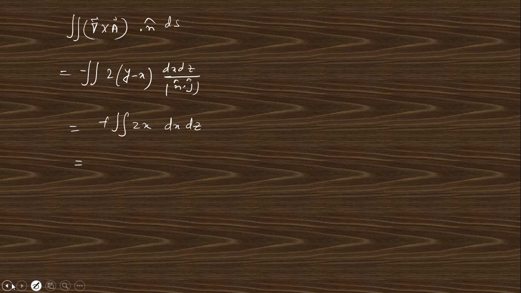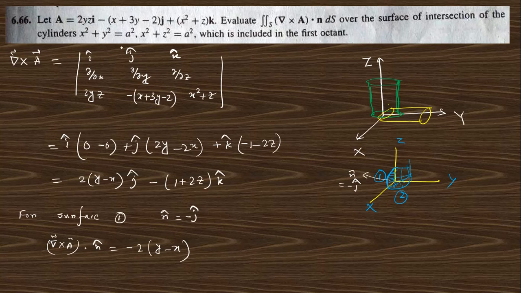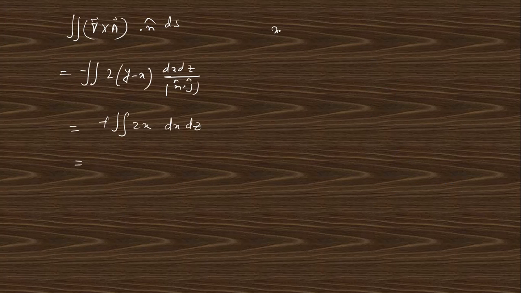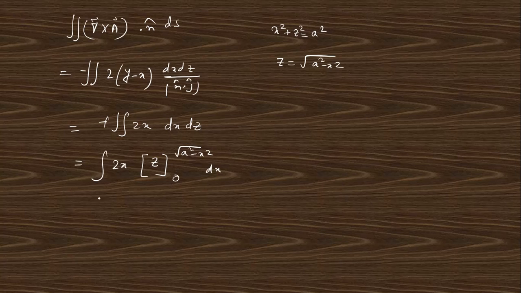The z value changes from 0 to a, since the equation is x square plus z square equal to a square, so z goes up to root under a square minus x square. If you integrate with respect to z, z goes from 0 to root under a square minus x square, and there is 2x dx.